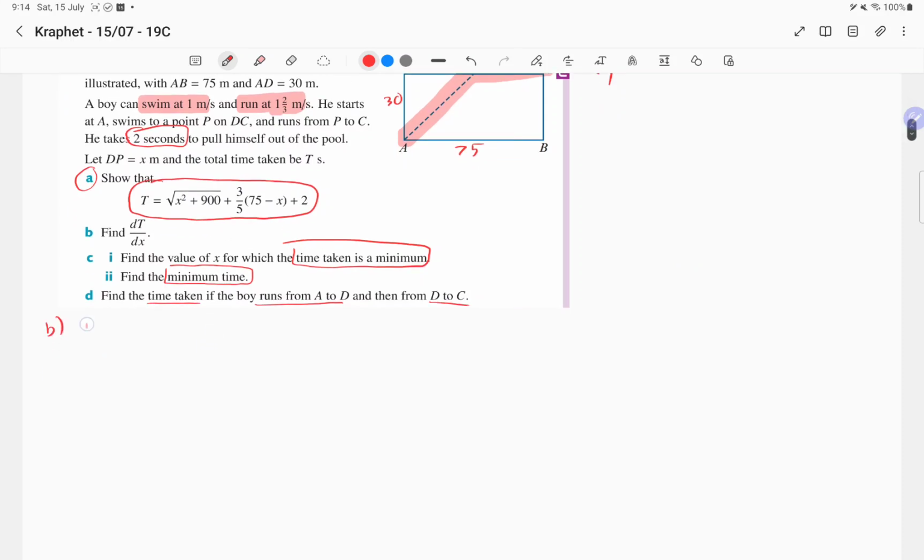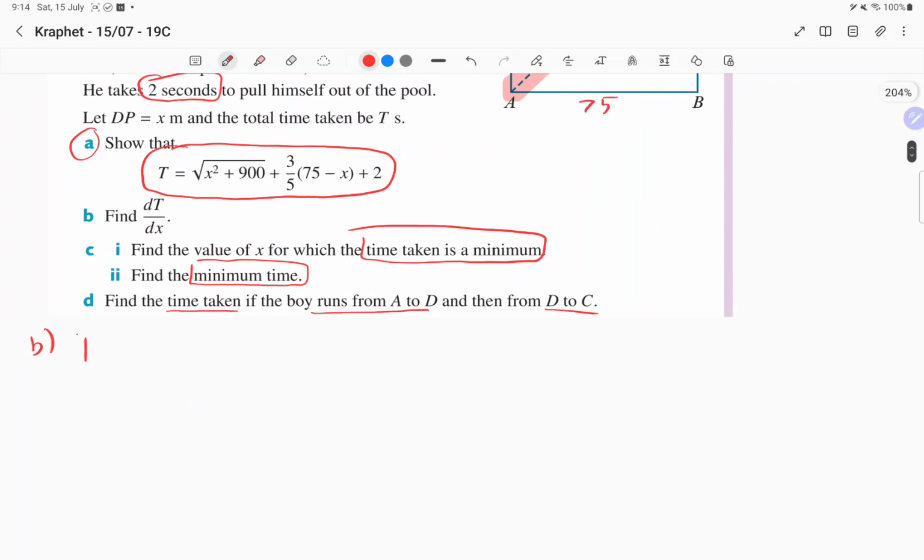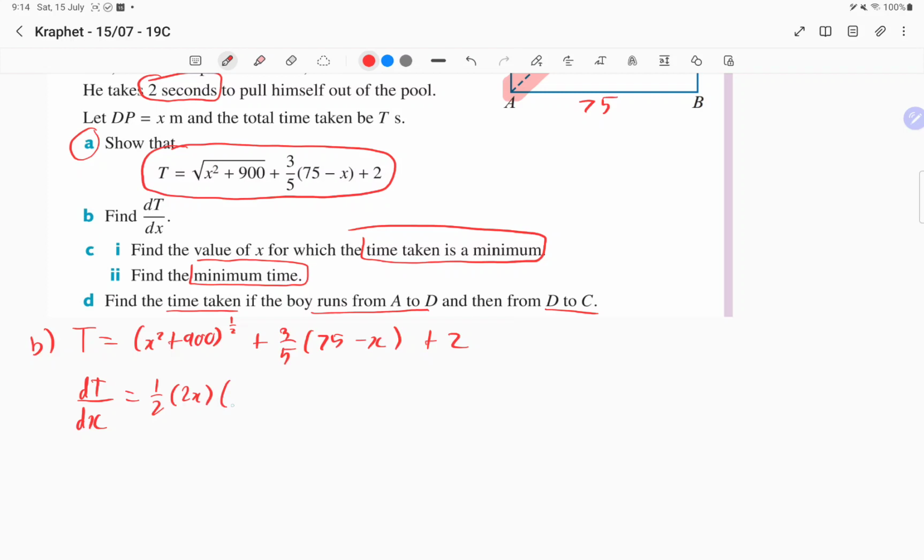Find dt over dx, so let's use the result there, and I'm going to write t equals to x squared plus 900 to the power 1/2. I'm going to go a little bit faster. Okay, see if you can follow my algebra, and then plus 2. So dt over dx, so derive the first one is half times, and then derive what's inside is 2x times by x squared plus 900 to the power -1/2.